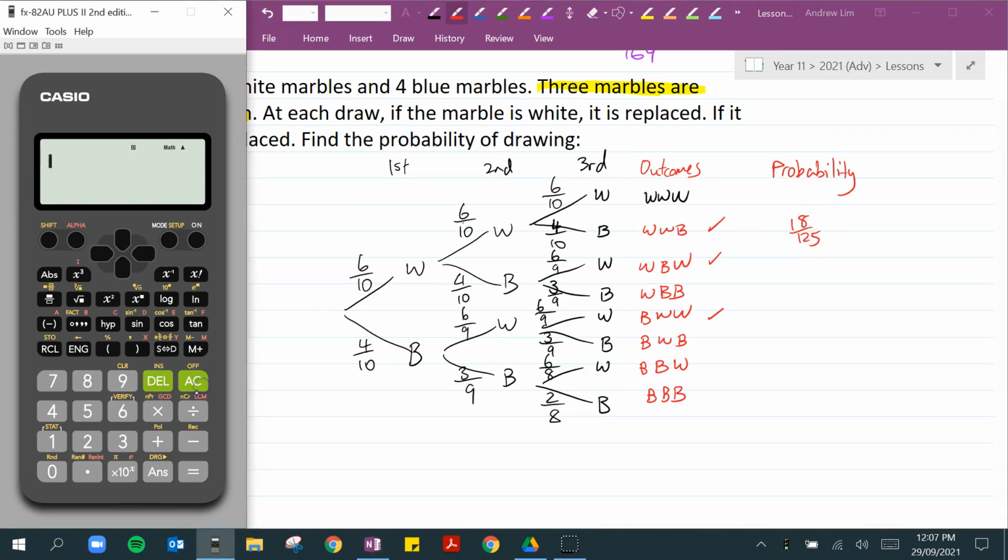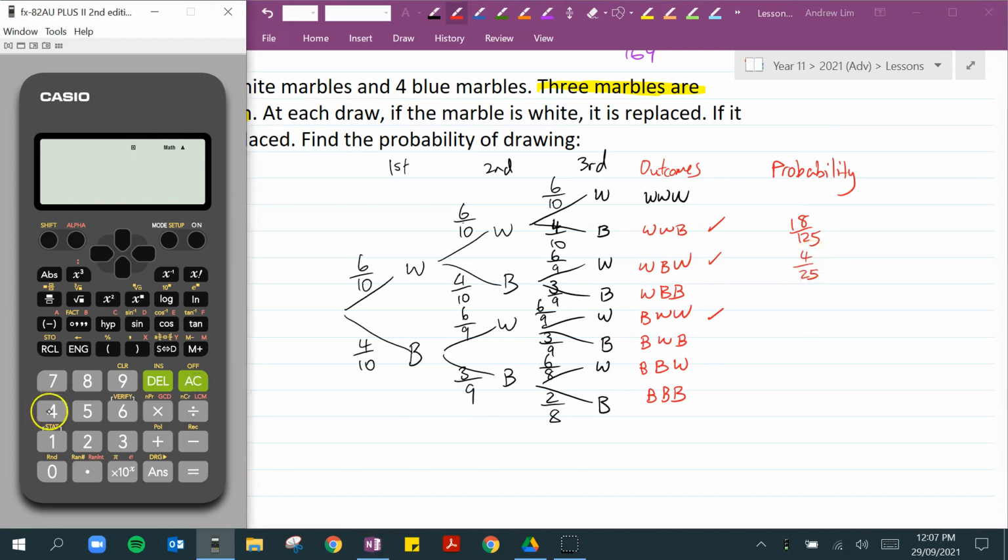What about the white, blue, white one? 6 out of 10 times 4 out of 10 times 6 out of 9. 4 out of 25.